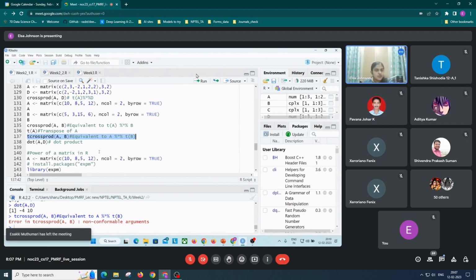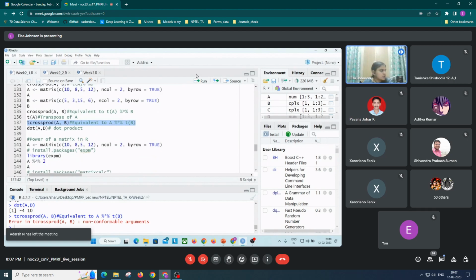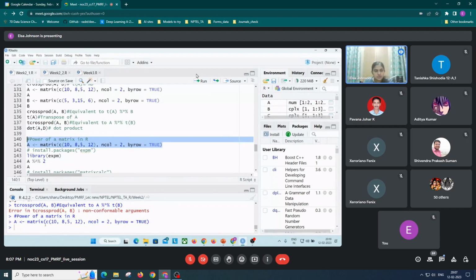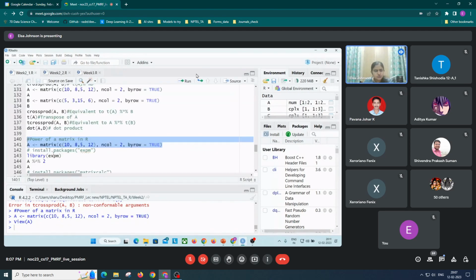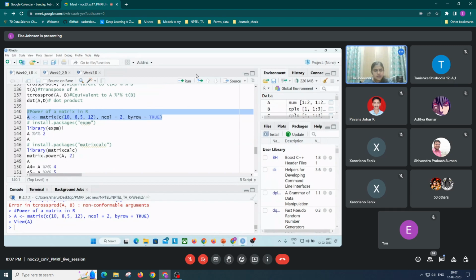Now, power of a matrix. We had already seen this in one of our assignment questions. If you want to find the power of a matrix, you need a library for that. First I'll put a matrix like this. A is right now 10, 8, 5, and 12. For that I want to install the expm library.